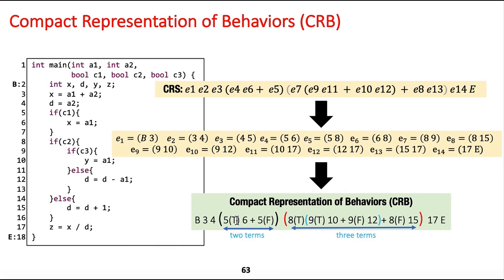So 5t, if 5 is true, we get 6. That's why we are showing 5t6. And then we have E5. E5 is simply 5, 8, and so we are showing 5F. Okay, and the 8, you will see that it is in the next parenthesis.